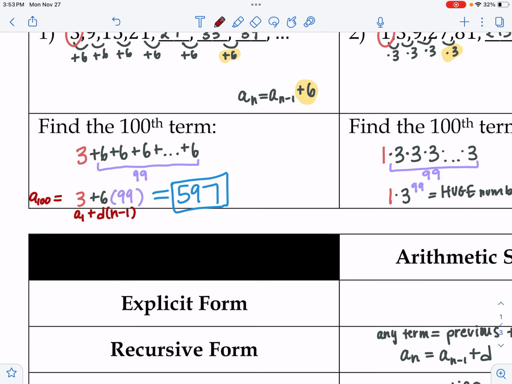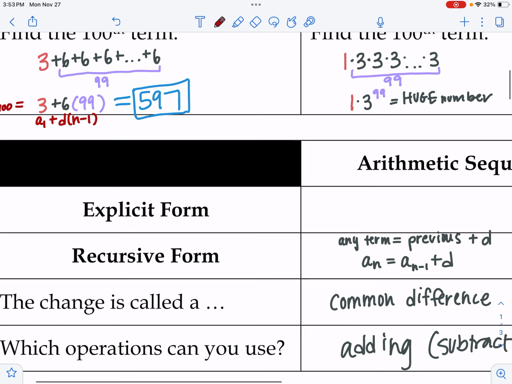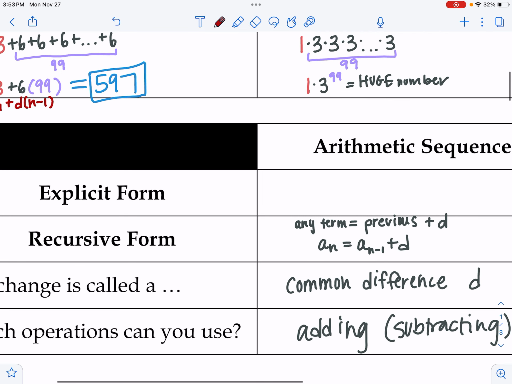So to get to the 100th term, we did it 99 spots over. Okay, and so you can get to any term by starting at the first term, adding the common difference, n minus 1 times.